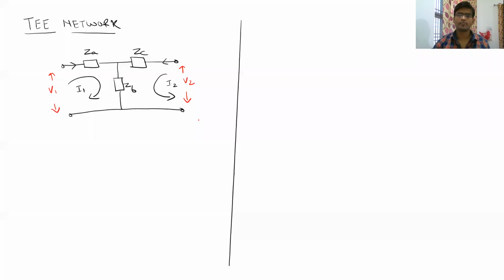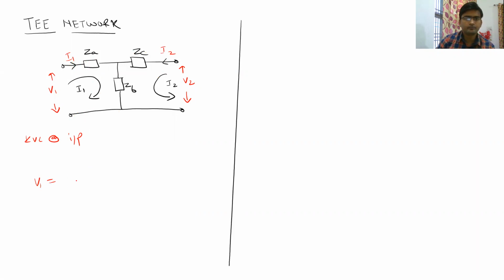Okay. So we have already seen T networks in the previous lecture. So this is how our T network looks. So let us find Z parameters for this particular network. If you see the input side, if we can write the KVL equation, we can write V1 is equal to, this current is I1 and this current is definitely I2.